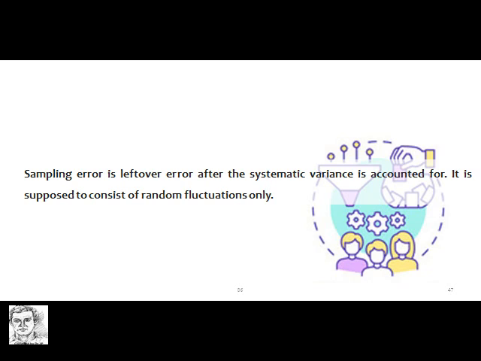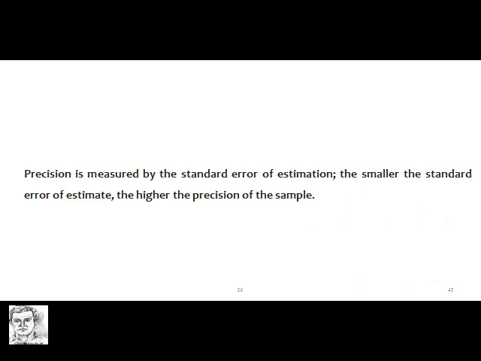Sampling error is leftover error after the systematic variance is accounted for. It is supposed to consist of random fluctuations only. Precision is measured by the standard error of estimate. The smaller the standard error of estimate, the higher the precision of the sample.